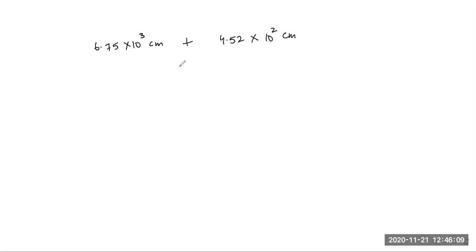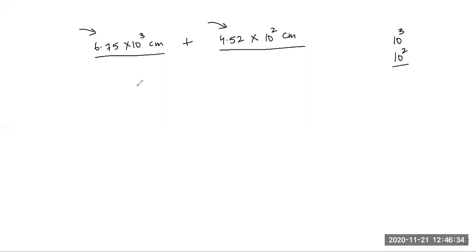So now these are not like terms. They cannot be added. To make them like terms, the power of 10 should be same. Then only they can be added. Now the question is whether it should be 10 raised to power 3, we should go by this, or we should go by this, that is 10 raised to power 2.